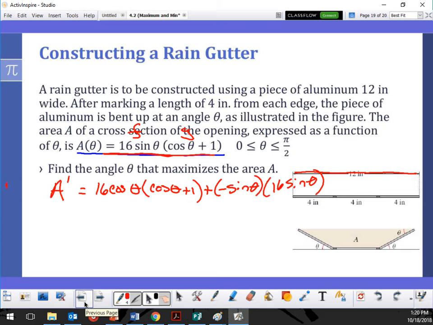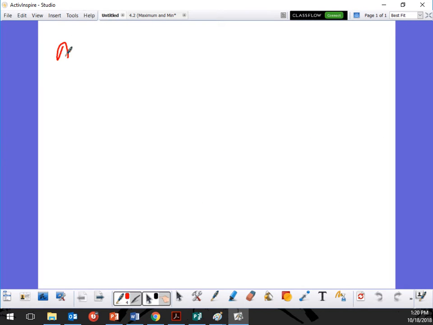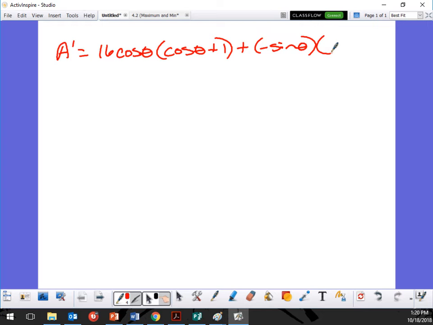So I'm going to use right here. So A prime, so I have 16 cosine theta plus 1 plus negative sine theta and cosine, 16 sine theta, thank you. There we go. All right.